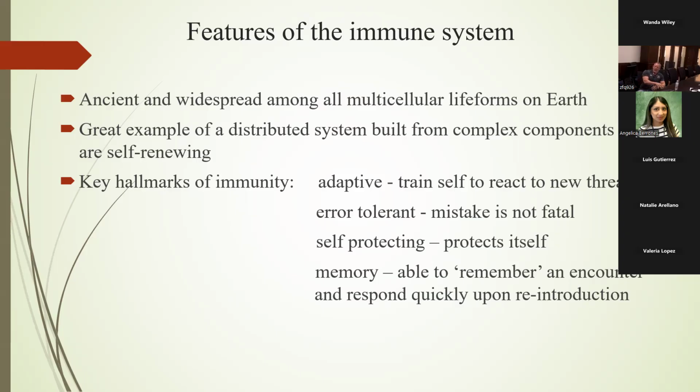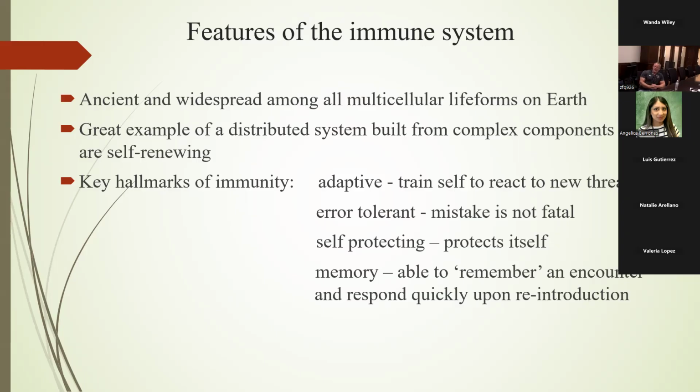When you get sick, you get an infection, and you have a dramatic increase in the number of immune cells in your body to fight the infection. When the infection goes away, the numbers of the immune cells will come down. They won't go away, but they'll come down, and they'll renew themselves. They'll make more B cells and T cells, so they're ready to respond to the next infection.